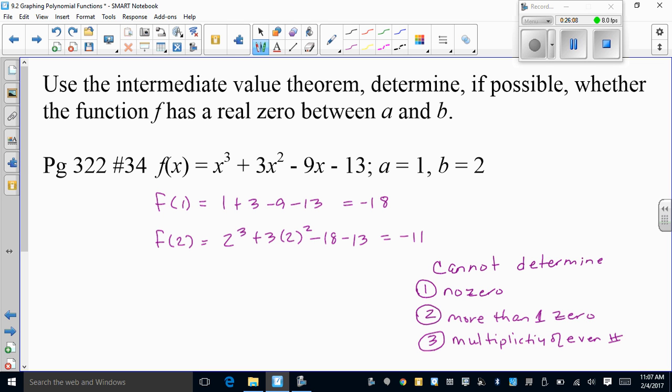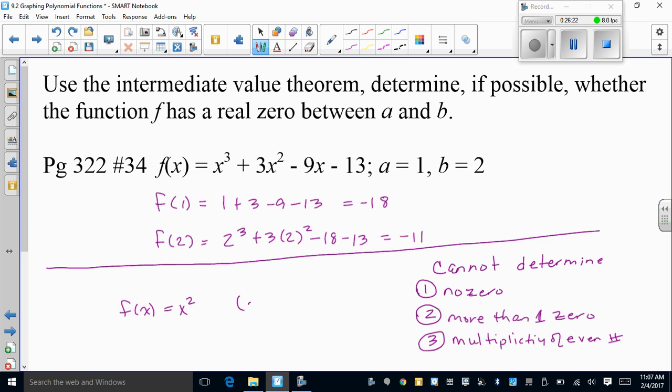Okay, so I can explain number 3. f of x equals x squared. Multiplicity of 2. My 0 is at 0, 0, and it's a multiplicity of 2. The graph goes down, hits 0, and comes back up.